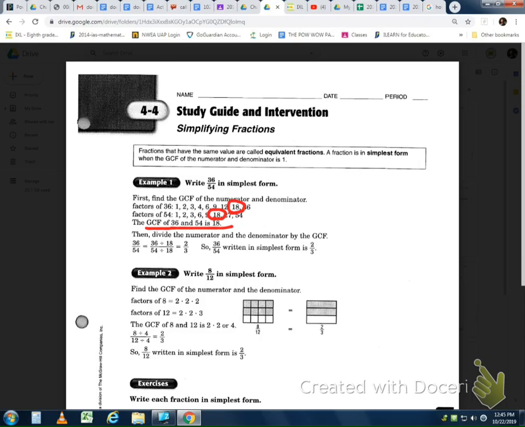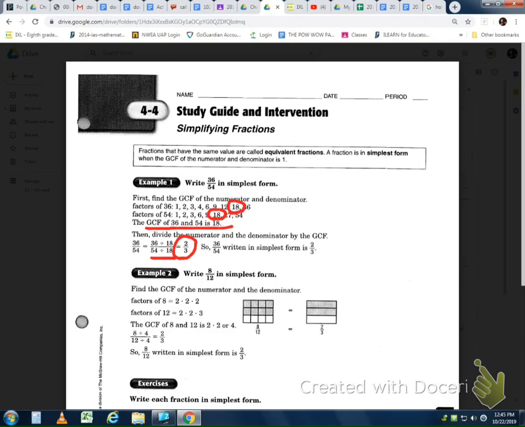If you divide both by 18, you get 2/3. So 36/54 is in simplest form when it's written as 2/3. That is one way to simplify.